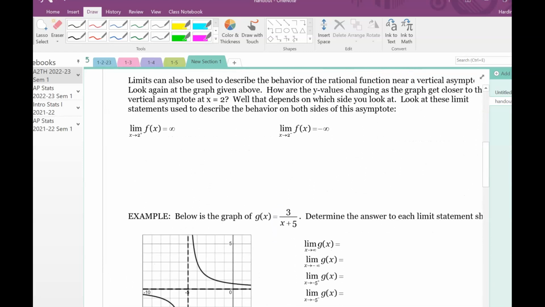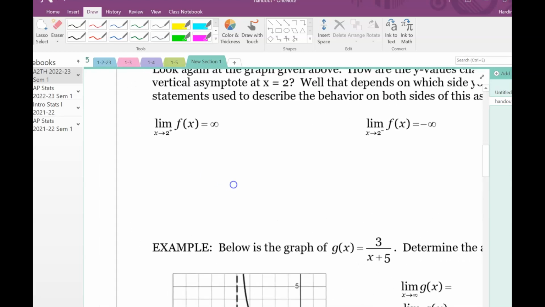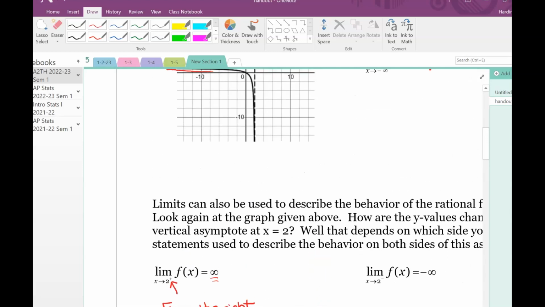So if you look at these two right here, this first question says the limit of f of x as x approaches 2, that little plus sign right there means from the right or from the positive numbers. So you're pretty much just looking at the right side, and as you're getting closer to the vertical asymptote, those y values are getting infinitely large, right?